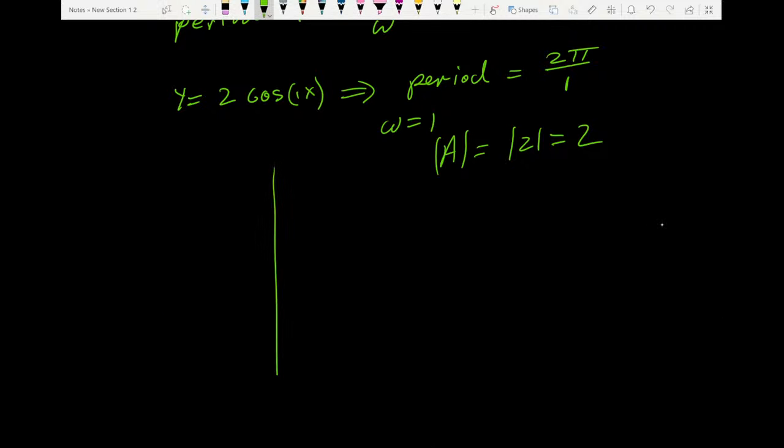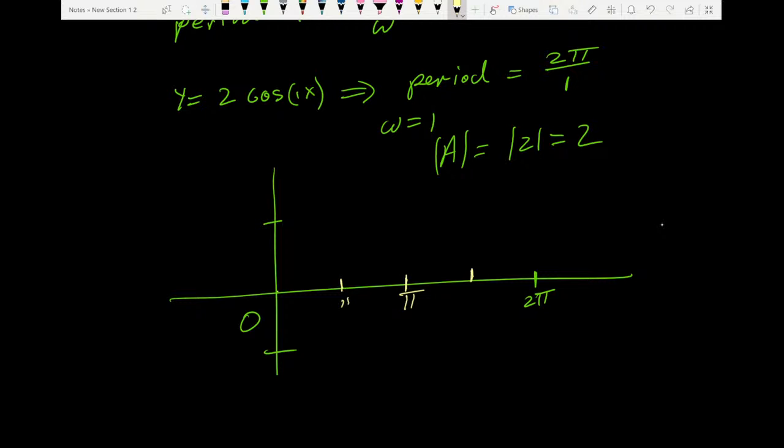So if I'm graphing that, I go from 0 to 2 pi. I need to find my quarter points, which in this case are pi over 2, 3 pi over 2. Since it's cosine, it's going to start at 2 and follow this pattern. It's that simple.